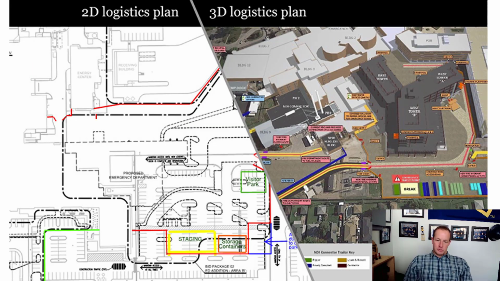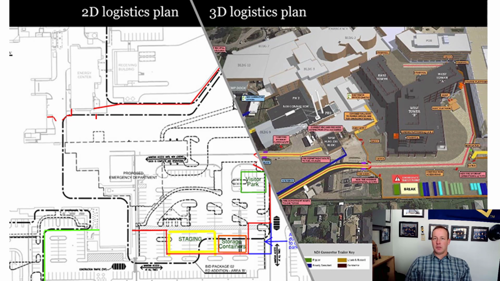Now, 2-dimensional logistics plans versus 3-dimensional logistics plans. I'm not going to require you to do a 3-dimensional logistics plan, but 3-dimensional logistics plans are very, very valuable. It makes it much easier to see. When Mortensen did the Health Sciences Center, the superintendent took it upon himself to do a 3D job site logistics plan in SketchUp.